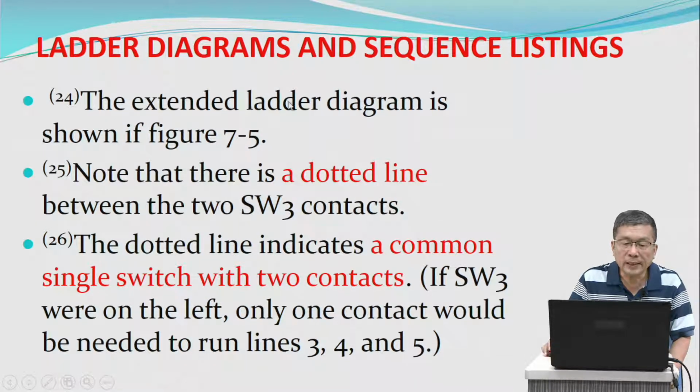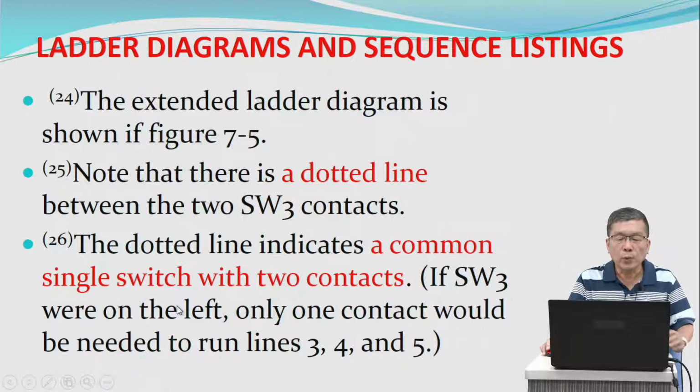The extended ladder diagram is shown in figure 7.5. Note that there is a dotted line between the two switch 3 contacts. The dotted line indicates a common single switch with 2 contacts.